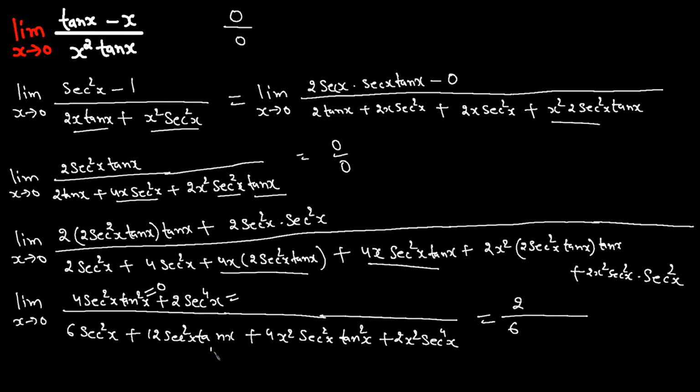And this part gives me 0, this part gives me 0, because tangent 0 is 0, and x is 0 here too. So plus 0 plus 0 plus 0. So I basically got 2 over 6, which is equal to 1 over 3. So that's the limit of this function using L'Hopital's rule: 1 over 3.